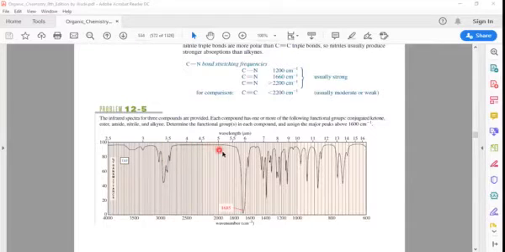And then here we have this small peak. This may be because of a carbon-carbon double bond stretching. So perhaps this is a conjugated ketone.